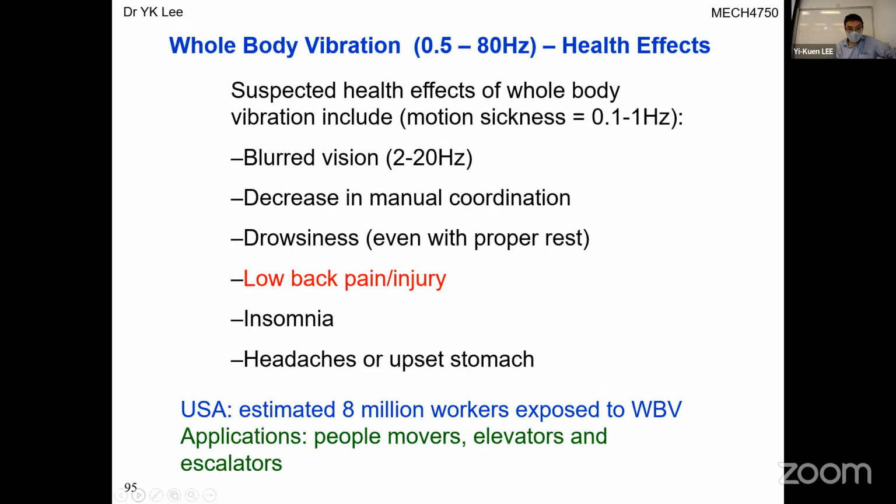I think we will show you why whole body vibration is an issue. For example, if you drive a taxi all the time and stay in the car for a long time, it can cause back pain, blurred vision, insomnia, and headache. Even in the United States, about 8 million people are exposed to whole body vibration.